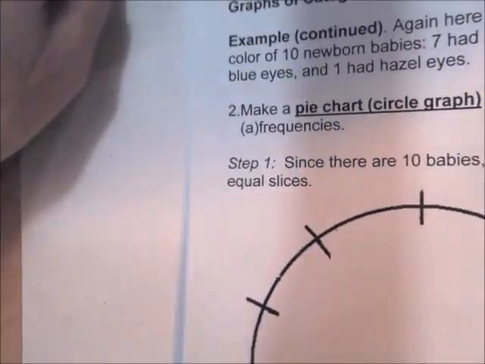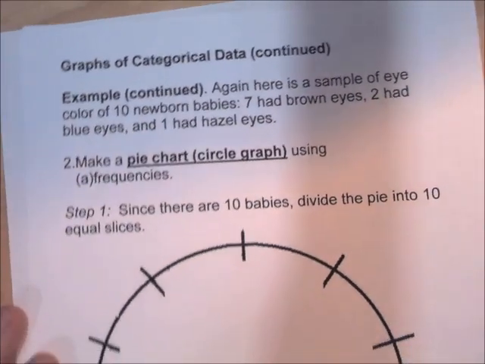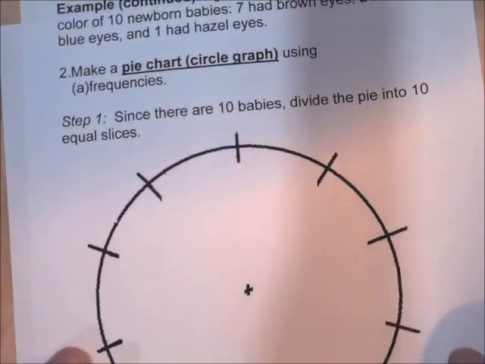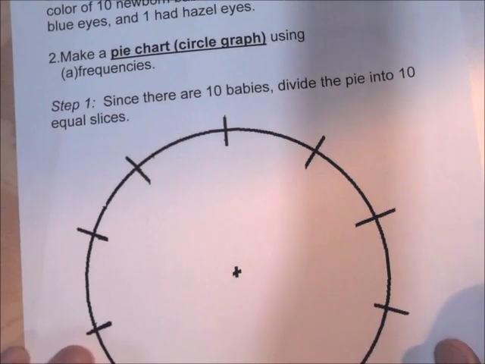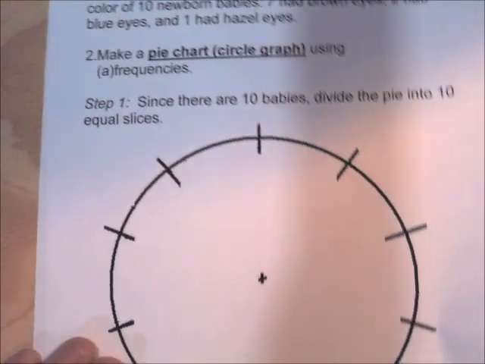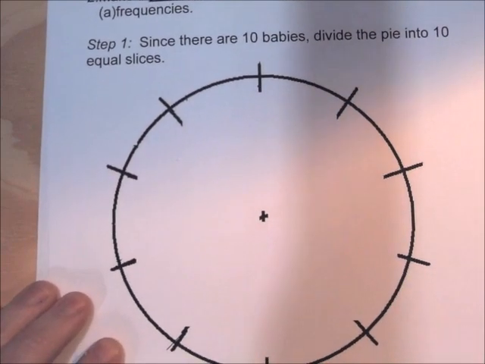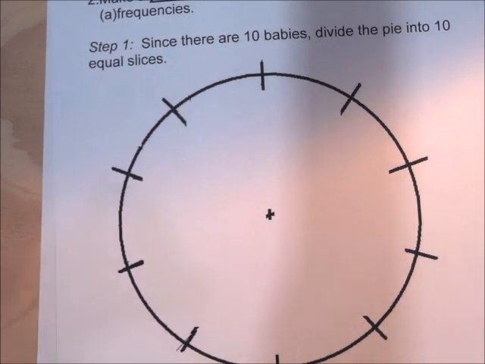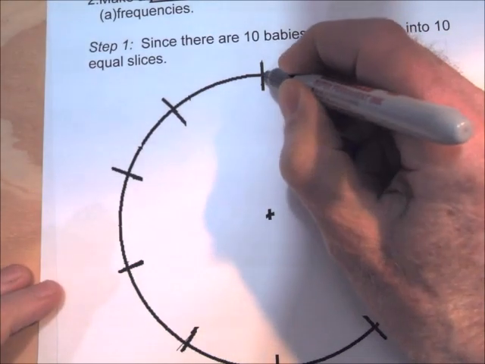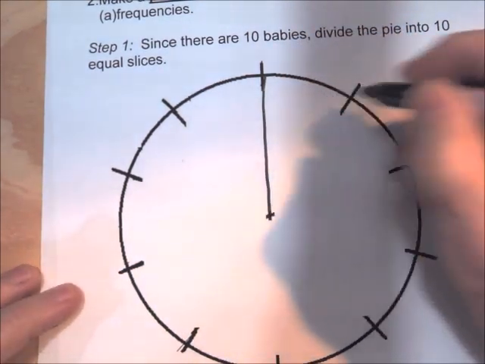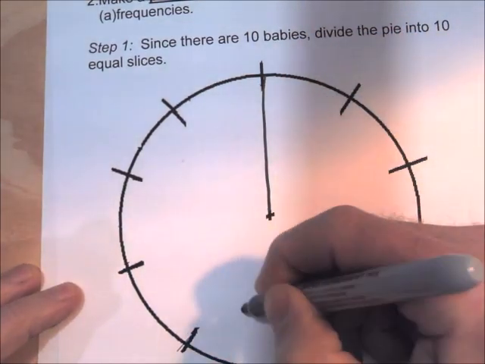So we have 10 babies, so I divided the circle into 10 slices. Each baby gets 1 slice. We had 7 with brown eyes, so we have 7 slices for the brown-eyed babies. So it's 1, 2, 3, 4, 5, 6, 7.